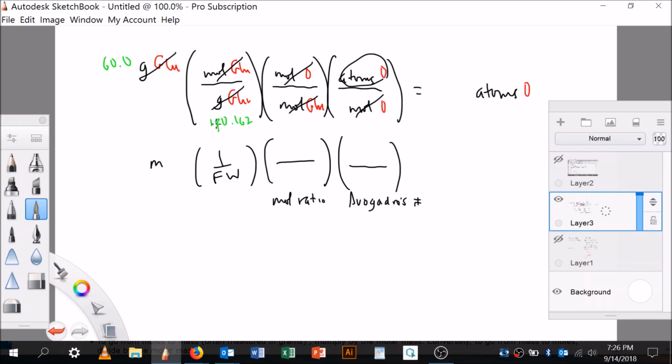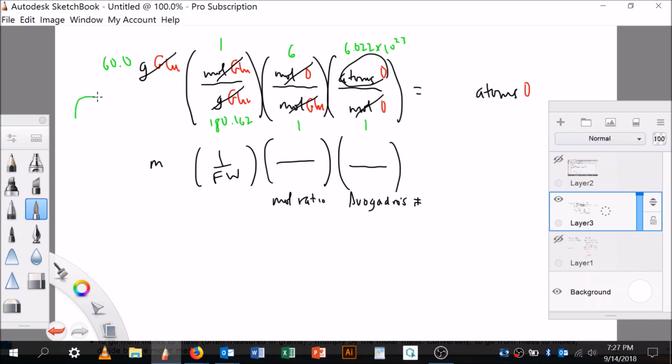There were 6 moles of oxygen for every 1 mole of glucose, and then there's 6.022 times 10 to the 23rd atoms of oxygen for every mole of oxygen.